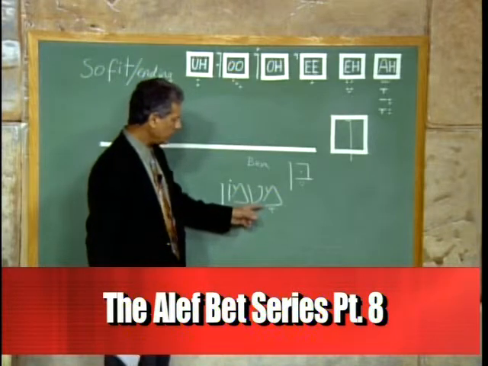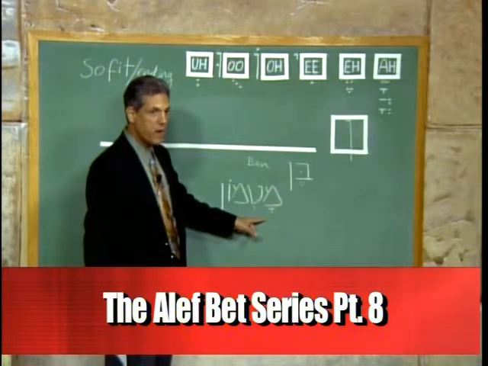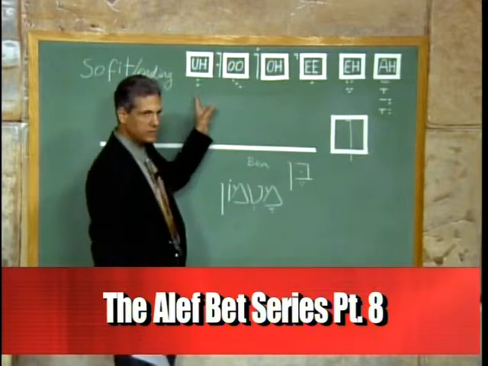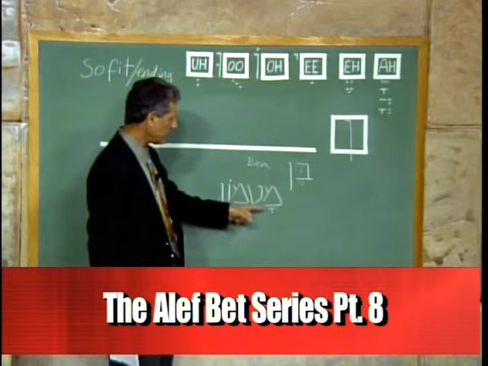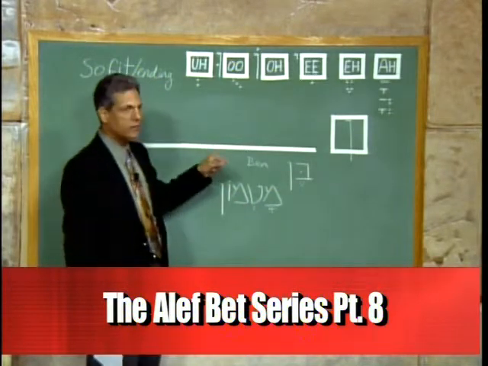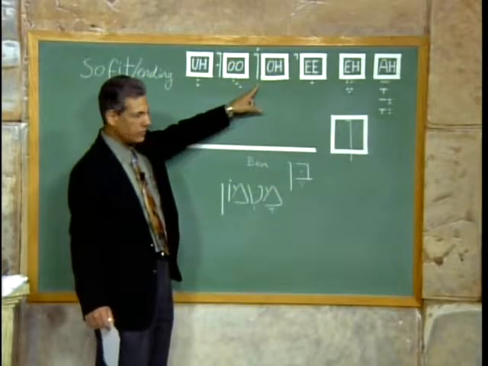The way to read it is this. We have a Mem with an a sound, that's a ma. We have a Tet with an a sound, that's a ta, mat. Then we have a Mem and a Vav and a dot on top, right from here, and that is an o sound.